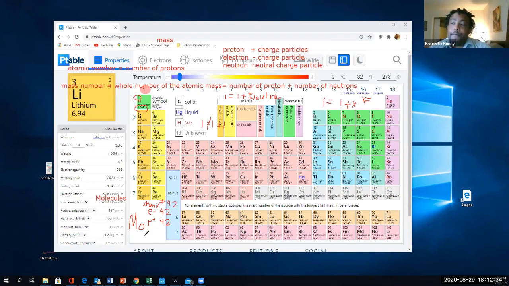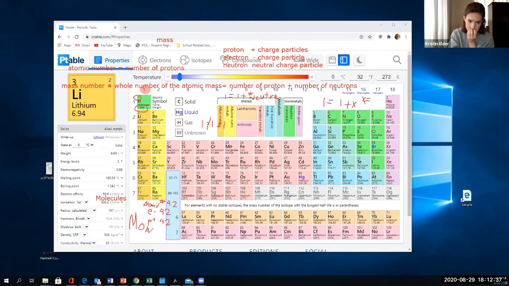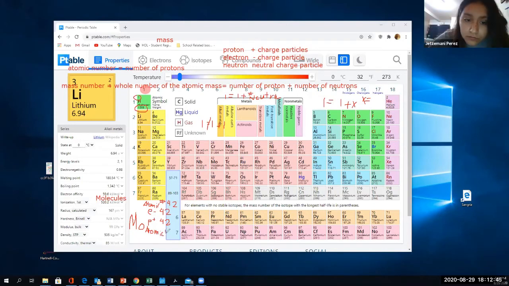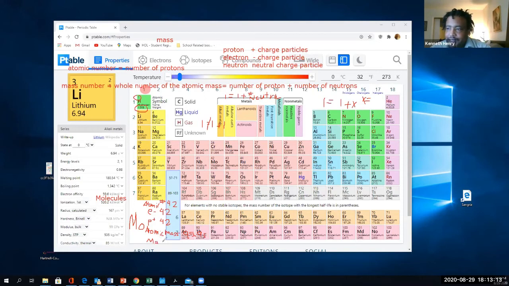What is atomic mass? 95.95. Because the atomic mass is what's written up here, right? Now, what is its mass number? 96. Yes, the mass number is 96.